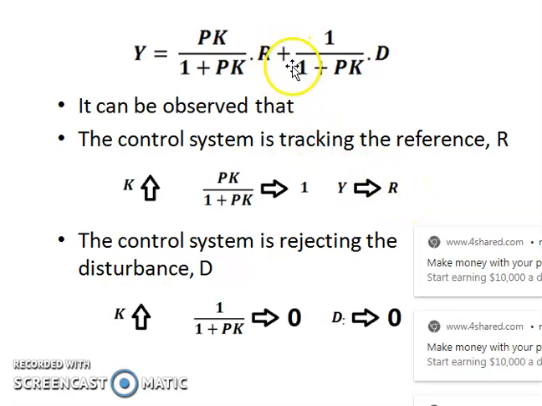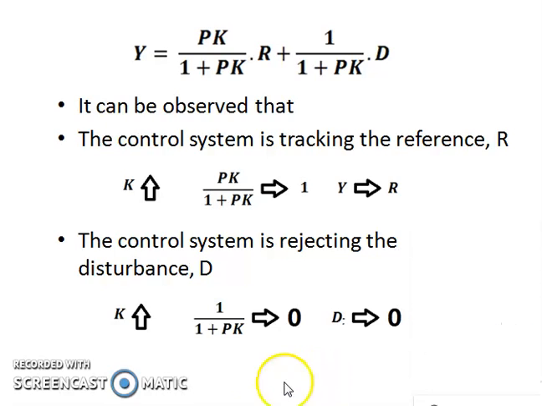Then, as K increases, 1 over 1 plus PK tends to 0, and D tends to 0. That means the disturbance D is being rejected. The control system is rejecting the disturbance because this coefficient goes to 0 and D goes to 0.